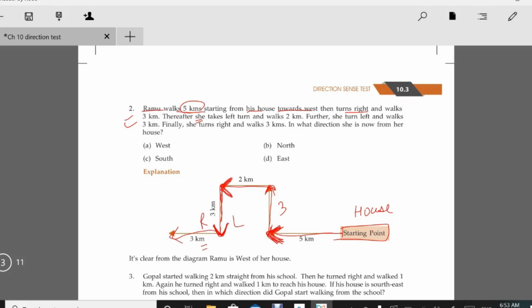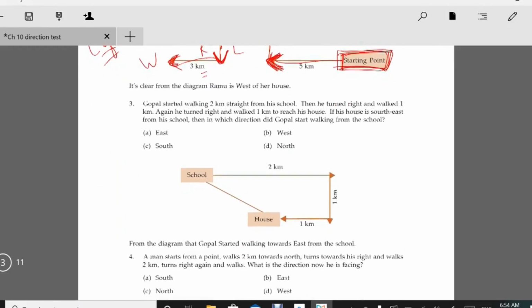In what direction is she now from her house? So, her house is here and she's standing here. So, which direction is she from her house now? Obviously, west, because left side is always west. Left as in from the starting point's view, from the context of the house. So, she's in the left direction, which is west.